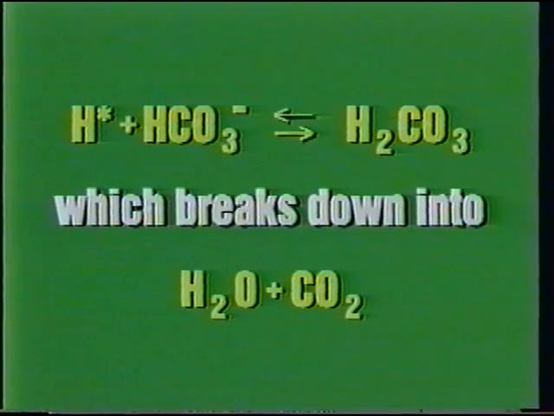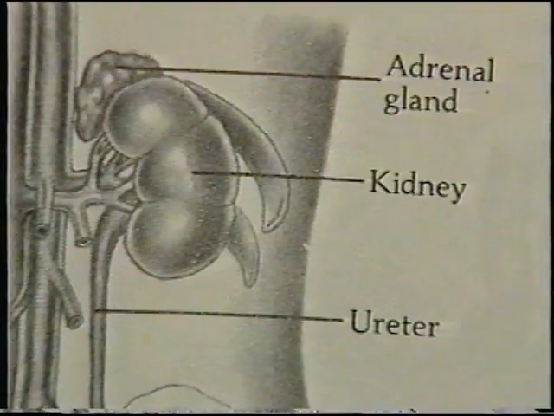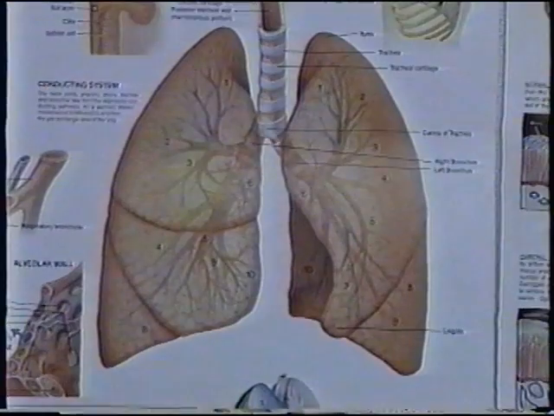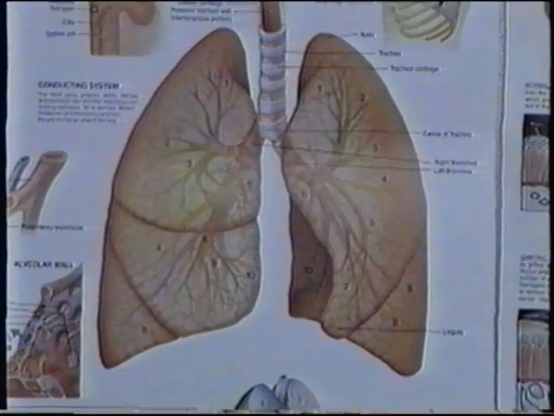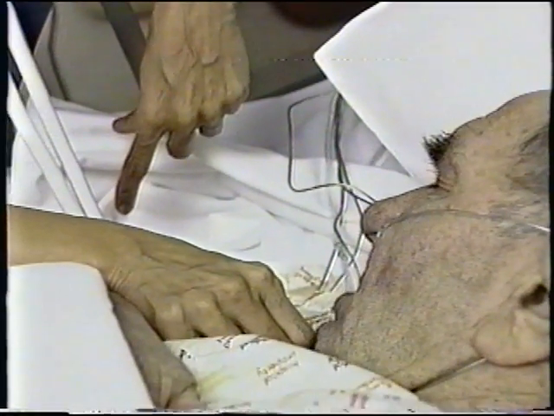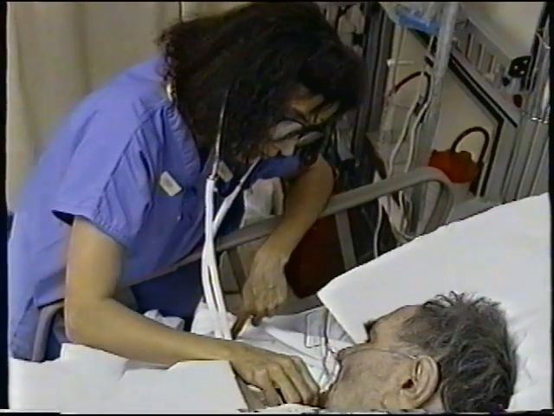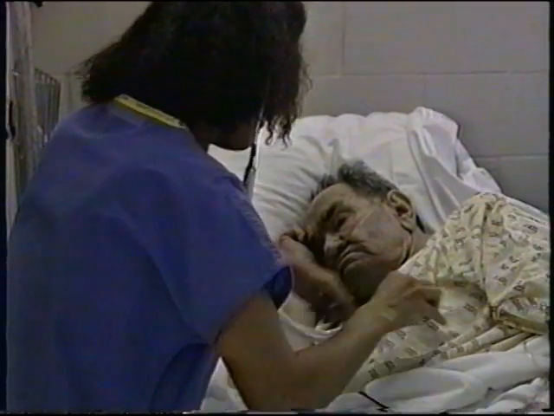The free hydrogen ion combines with the bicarbonate to form carbonic acid, which then breaks down into water and carbon dioxide. The water can then be excreted by the kidneys, and the carbon dioxide can be exhaled by the lungs during respiration. In order for this buffer system to work, the pulmonary and renal system must be functioning properly.